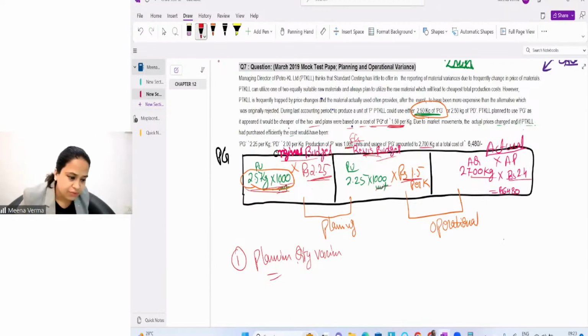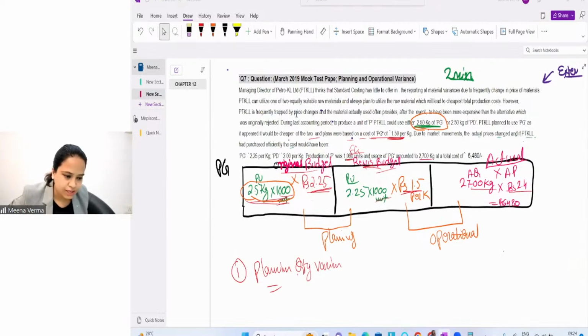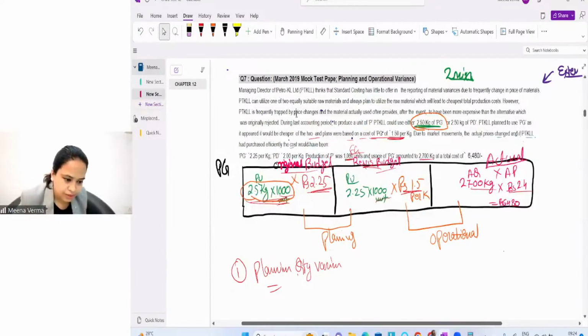I can't see any difference in the revised quantity. You will see what is the revised quantity here. Okay, we will see what is the revised quantity in the question.